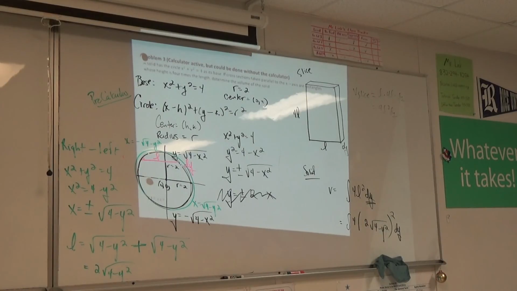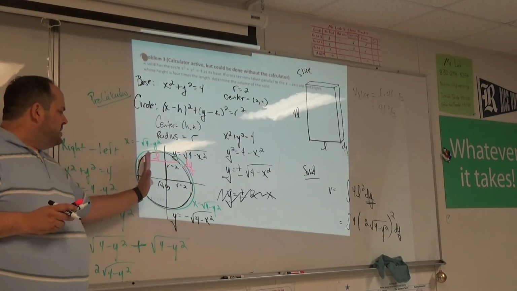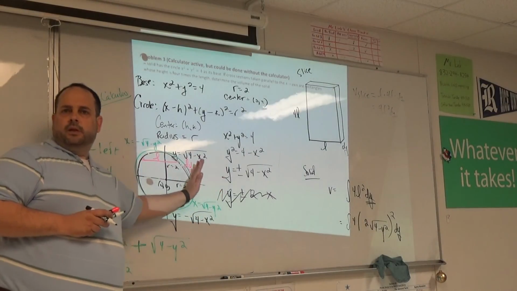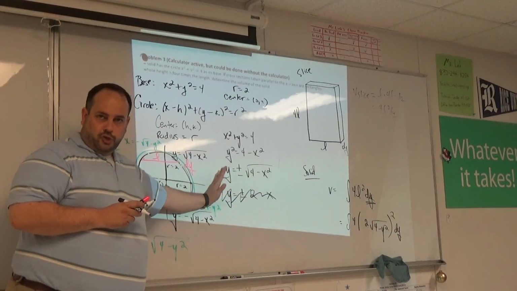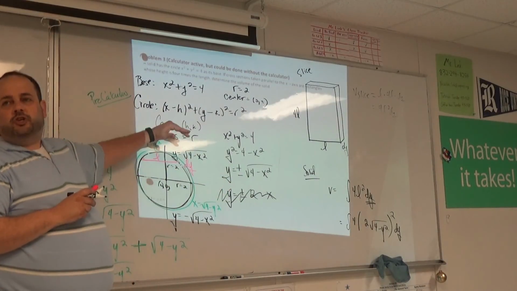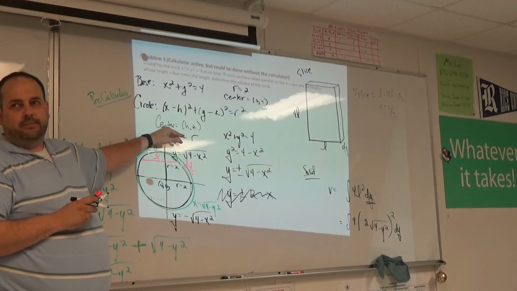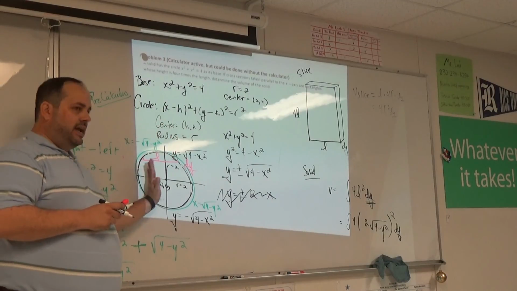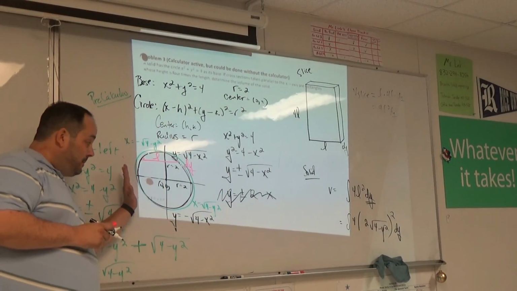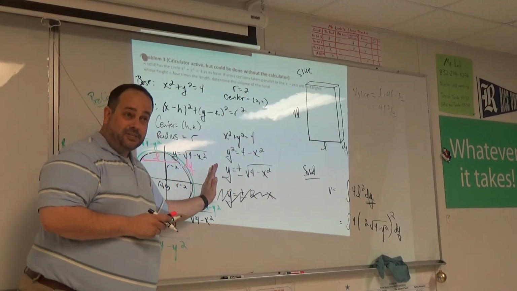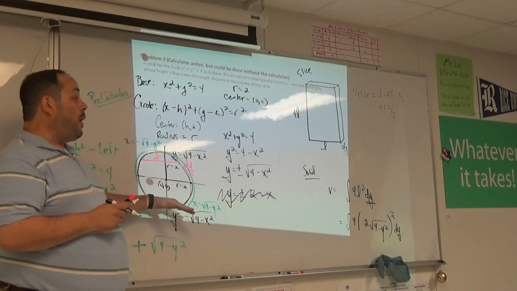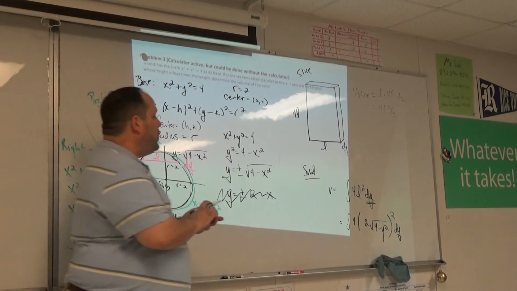From where to where? Negative 2 to 2? I know you guys just said the same thing. The issue is the hand motion. Am I going from x equals negative 2 to x equals positive 2? No, I'm going from y equals negative 2 to y equals positive 2.